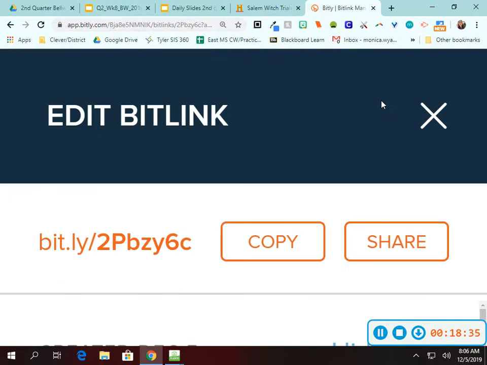So I'm going to have you write that down for web address URL on the salmon colored card. It's bit.ly/2 capital P little b z y 6C.